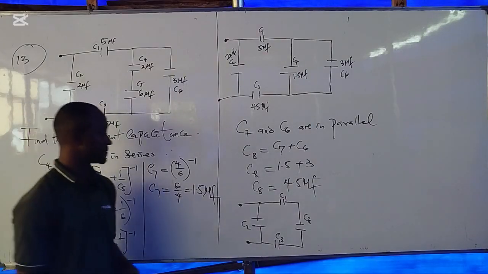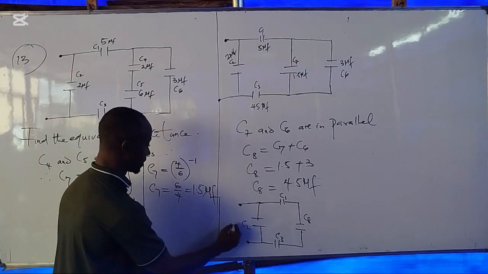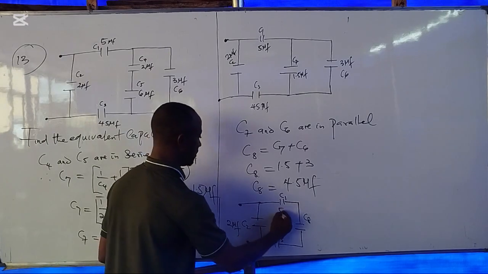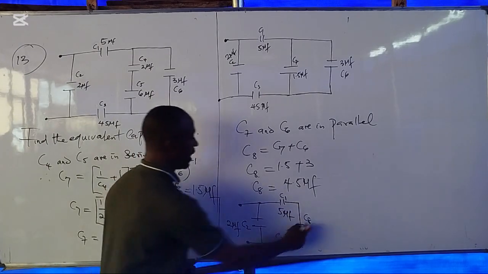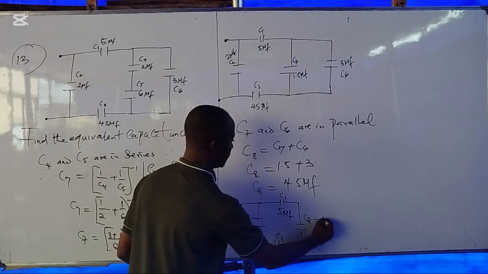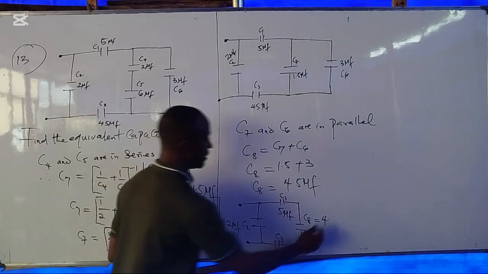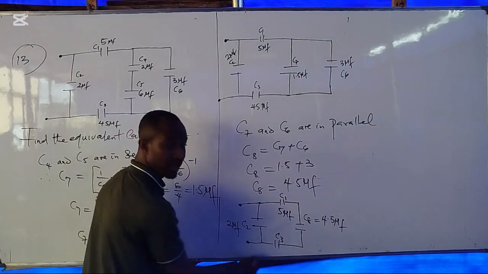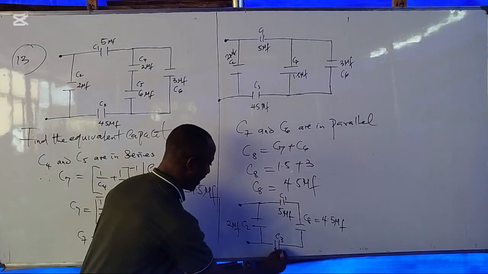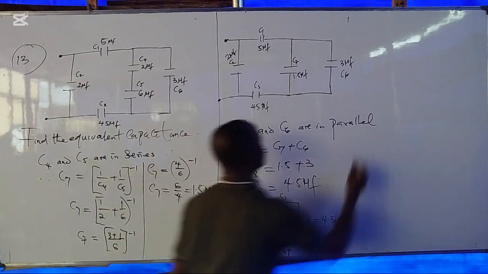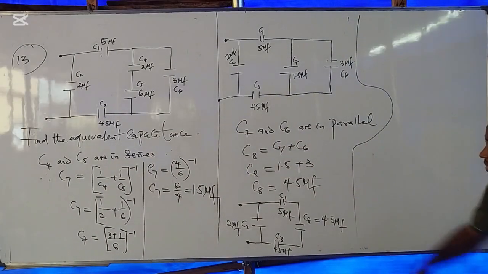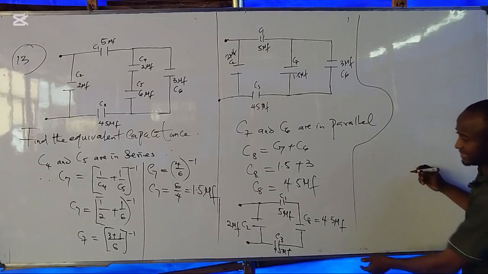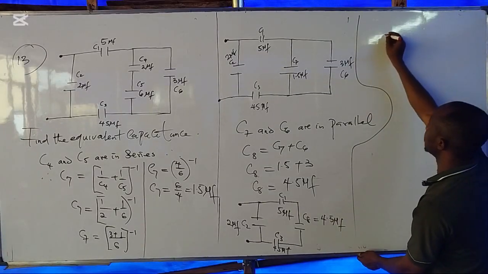What's that C2? 2 microfarad. What's that C1? 5 microfarad. What's that C8? 4.5 microfarad. What's that C3? 4.5 microfarad. Now, these three are in what? In series.